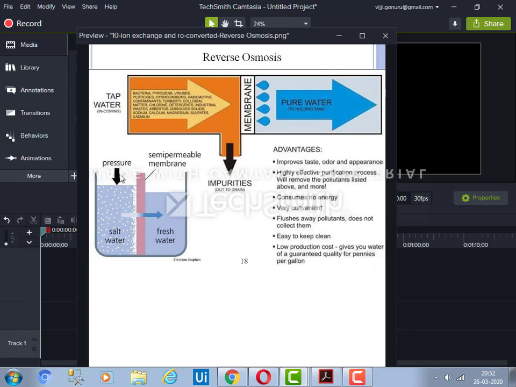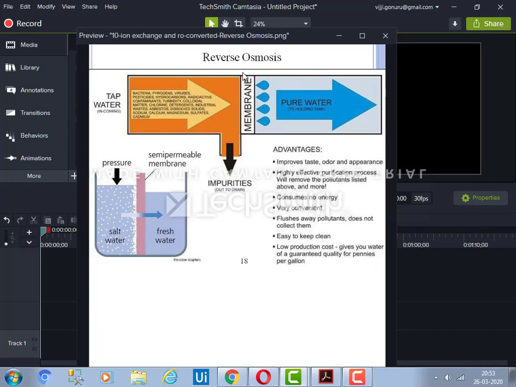So solvent particles start moving from salt water to fresh water. Here solvent is nothing but pure water, and solute is nothing but impurities. So only the solvent will transfer from salt water to fresh water. Like that we can collect a high amount of fresh water in the reverse osmosis process.